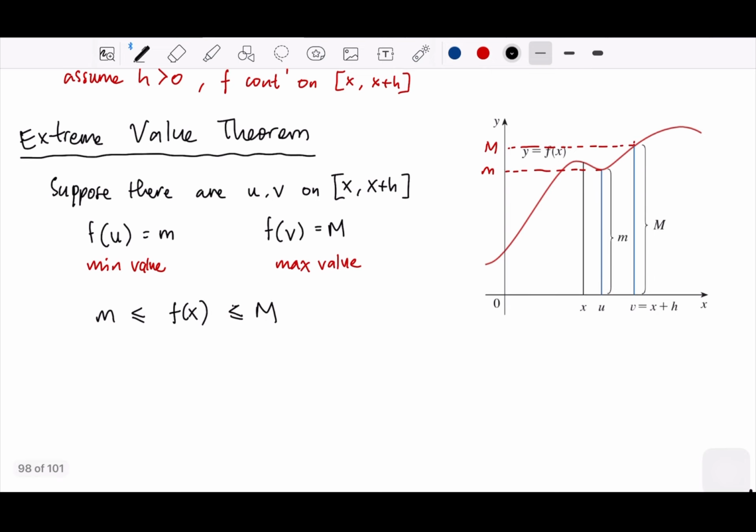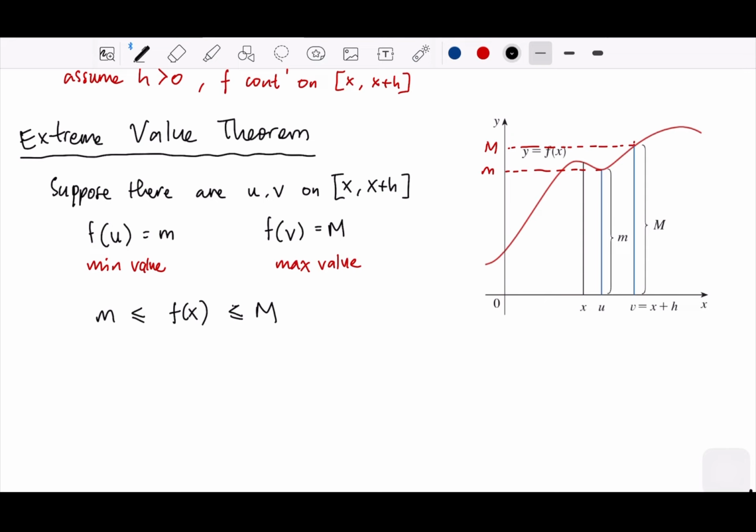And then we take the integrations because we want to compare the area. So the area in between here is between the area of the small m here and the capital M here.